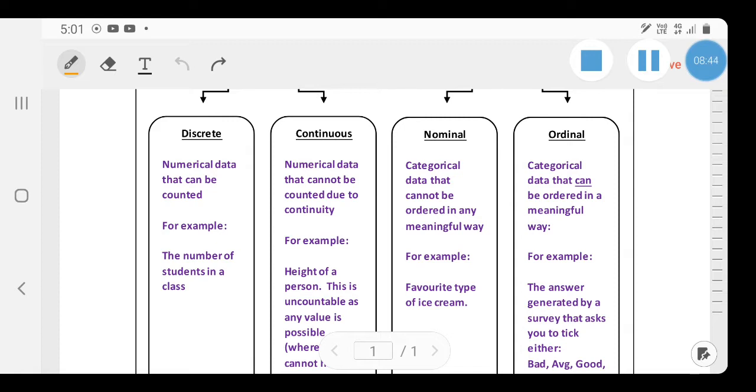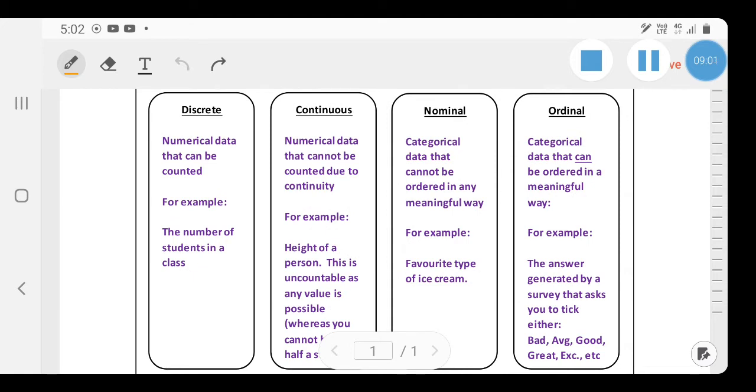And quite often I might actually agree with your answer as opposed to the textbook's answer, because there's so much overlap between these. But hopefully I've given you enough there for you to have a broad understanding of the differences between those four.